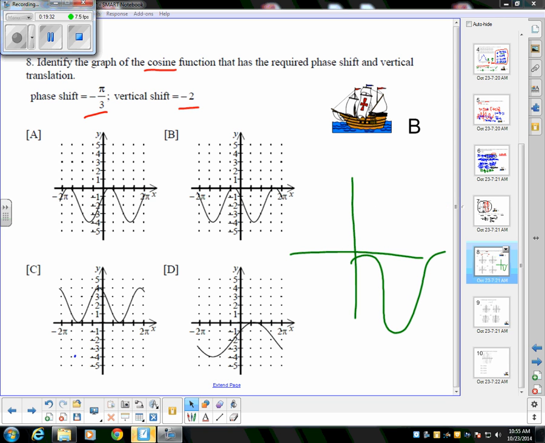So if we look at this, can we automatically rule out answer choice C? We can automatically rule that out, can't we? Right? Well, why can you rule out D? Someone said rule out D. D looks like it shifted downward. In fact, all of these look like they shifted downward.